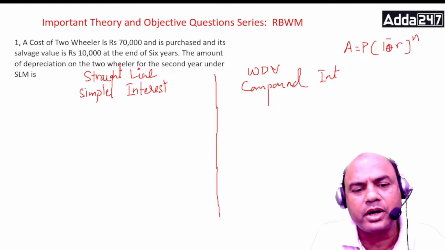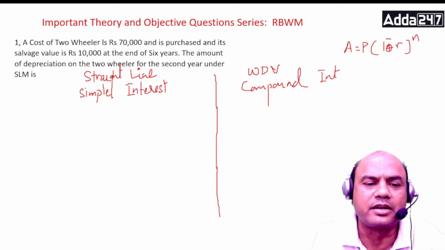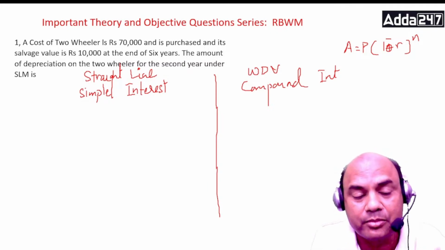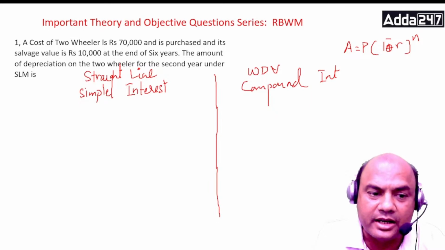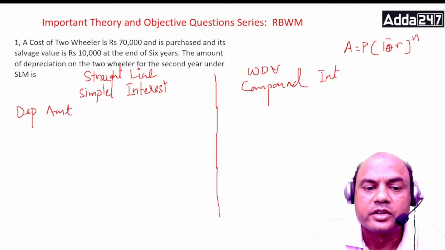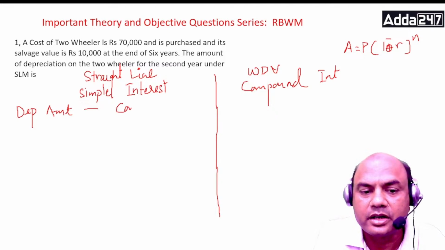What is the important point about the straight line method? Kindly note, now I am going to tell you something very important. In straight line method, the depreciation amount is constant.